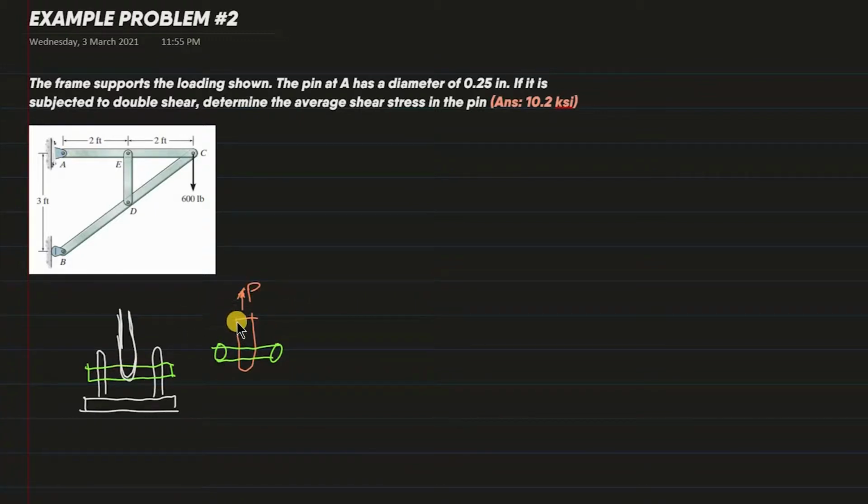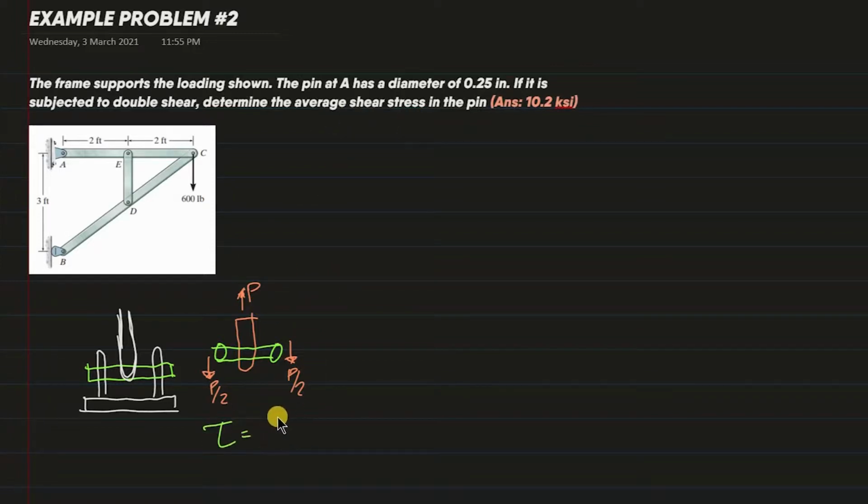Ibig sabihin, yung dalawang part, kapag ito hinihila, yung dalawang to, it will resist a shearing force, no? And the shearing force is equal yan sa P over 2. Okay, sa ngayon mga bis, kailangan nating isolve ano yung value ng P na to para ma-solve natin yung shear stress. Diba?